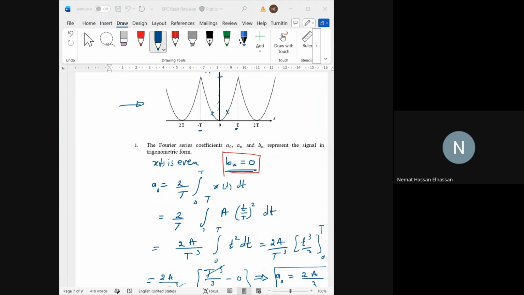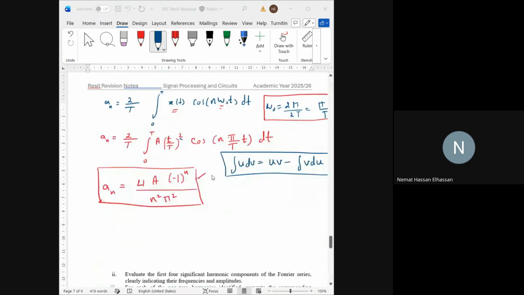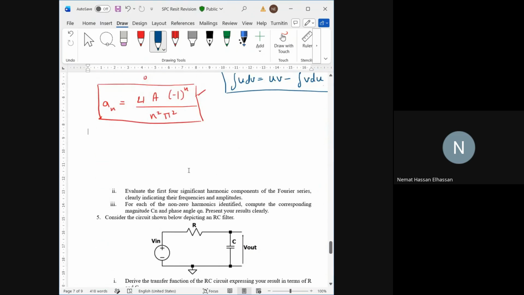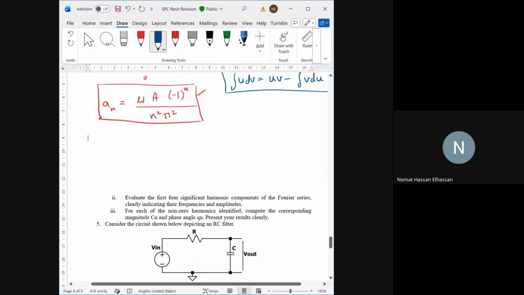If you are to put your Fourier series in trigonometric form, all you have to do is substitute in the formula of the trigonometric form, which is available as well. Your x of t expressed as a Fourier series will be equal to a0 over 2, so it will be a over 3, plus the trigonometric term.